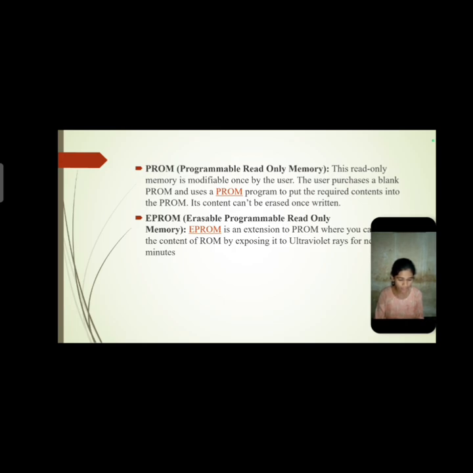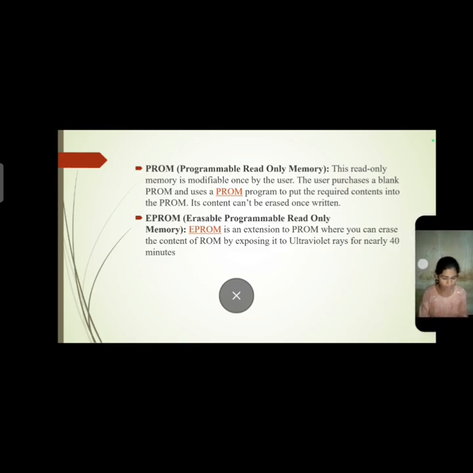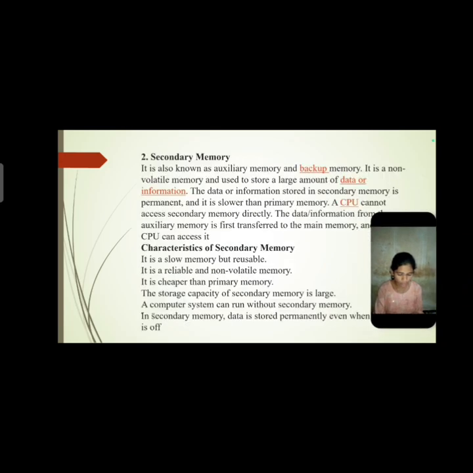Its content cannot be erased once written. Erasable programmable read-only memory is an extension to PROM where you can erase the content of ROM by exposing it to ultraviolet rays for nearly 40 minutes.